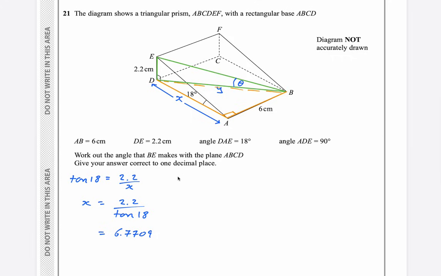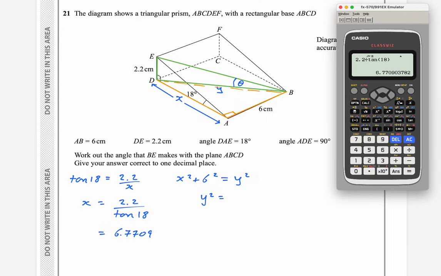So I can say x squared plus 6 squared equals y squared, and I know x, it's 6.7709, so y squared equals this squared plus 6 squared.